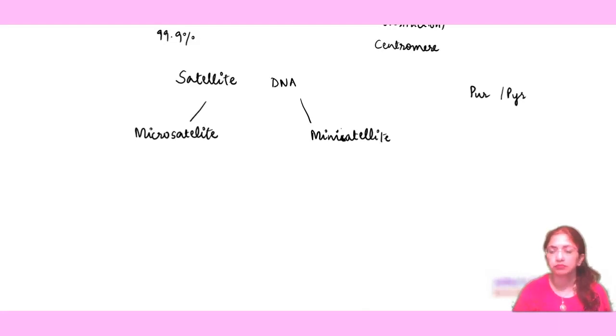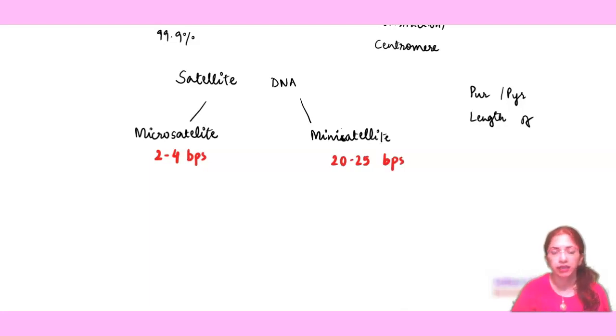The length of repeats is also varying in them, right? So these are a few criteria through which we can segregate the repetitive DNA. Now if I talk about microsatellites, then this type of DNA contains 2 to 4 base pairs in repetition, whereas 20 to 25 base pairs are there in repetition in the case of mini satellites.